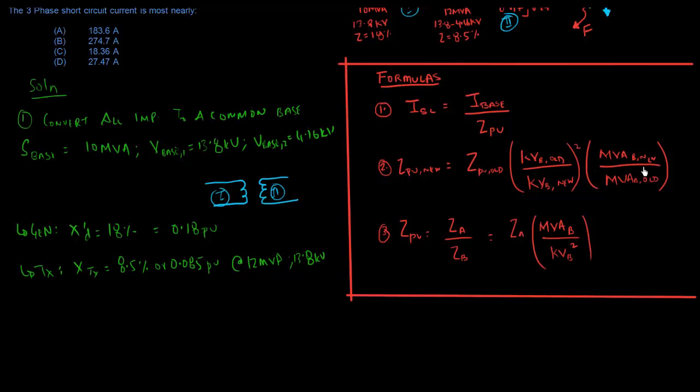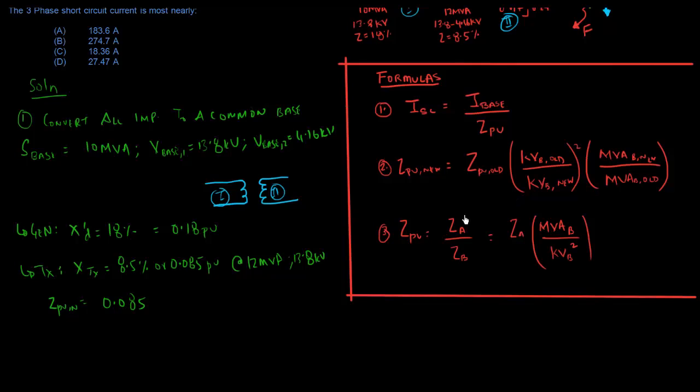The MVA base new is going to be 10 MVA. The MVA base old is going to be 12 MVA. We've been given the value at 12 MVA, and we want to convert it to 10 MVA. So I hope that's clear. Let's go ahead and do that. In this case, the Z per unit new, the old one is 0.085.